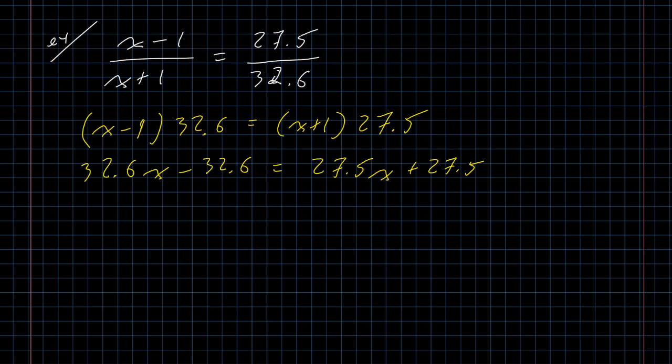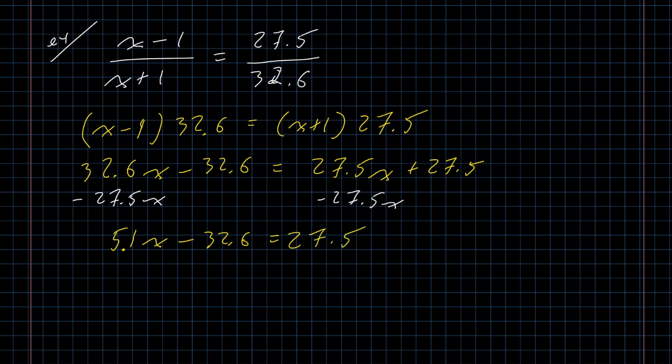We've got variables on both sides of the equation. So I'm going to get all of the variables to one side of the equation by subtracting 27.5x on both sides of the equation and combining some like terms. My calculator tells me that I now have 5.1 times x minus 32.6 is equal to 27.5.